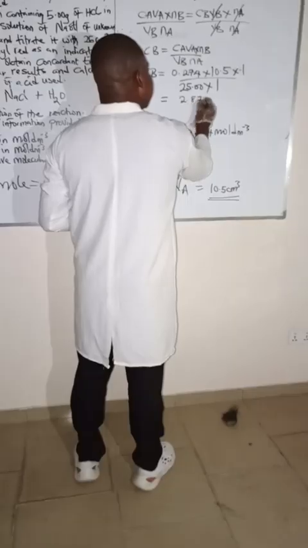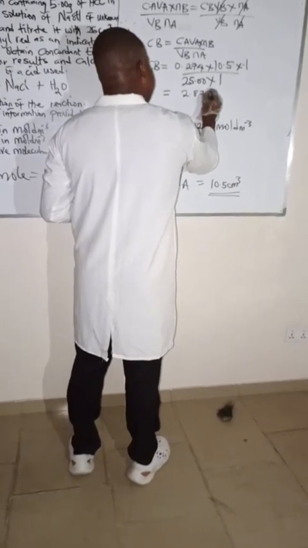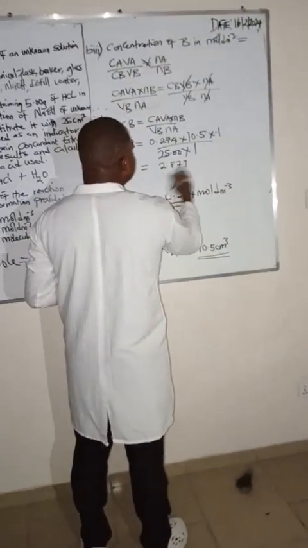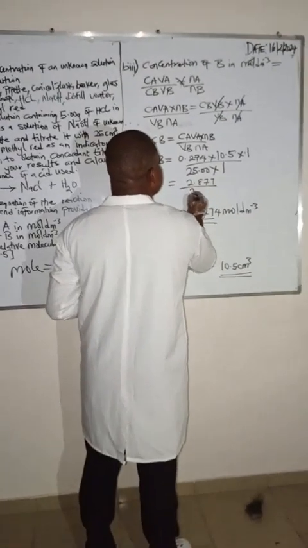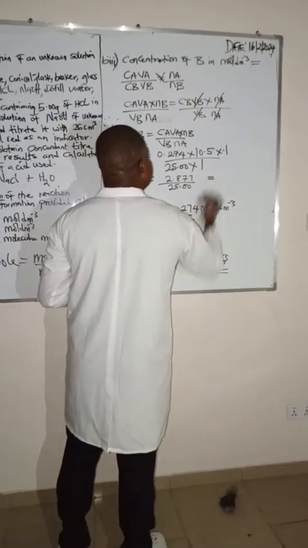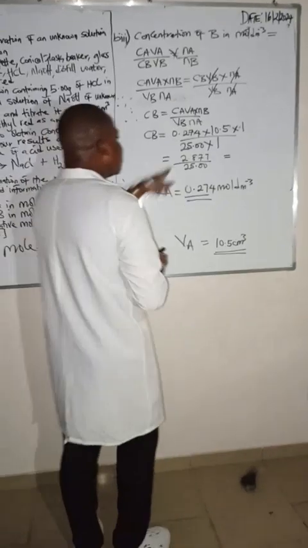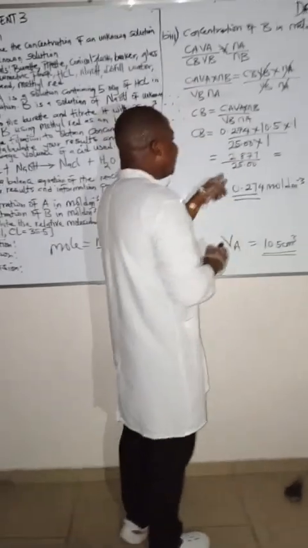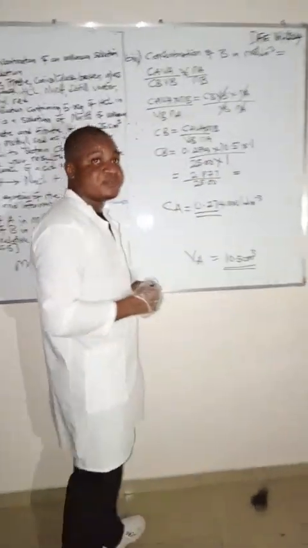Then 2.877 divided by 25.00. What do you have?